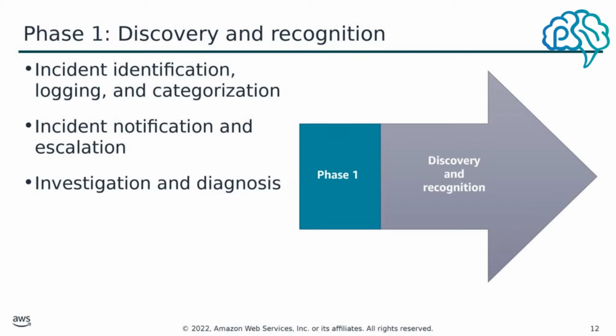So in the first part of that discovery and recognition phase, this is where you would want to do incident identification, logging, categorization of the incident, and then you would want to use user reports, solution analysis, and then manual identification. And this incident is then going to be logged as an investigation, and then you can go ahead and get started.